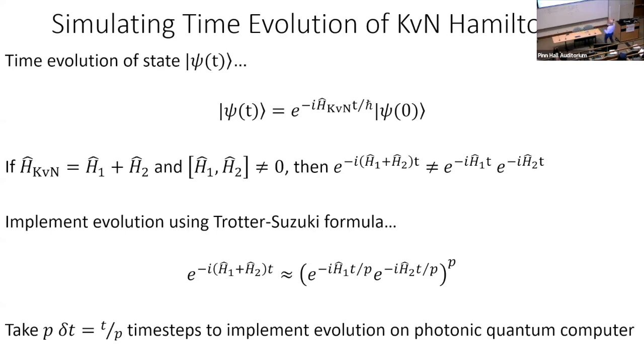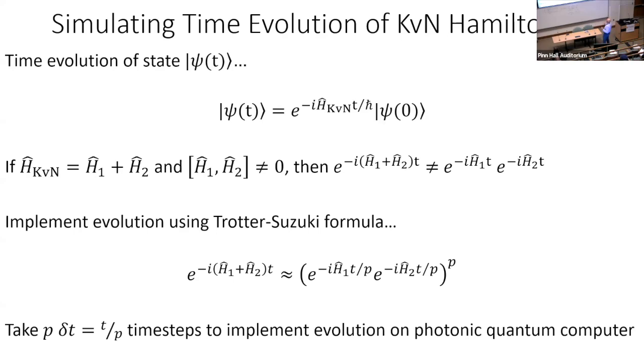Back to solving it in quantum land, this is exactly how you solve a quantum mechanical problem: with a Hamiltonian and evolve it. But there's a challenge. Let's say your H KVN is composed of two terms. What Olivier can do with us is evolve this Hamiltonian, which you can associate with a particular operation on an optical quantum computer, and likewise this one.